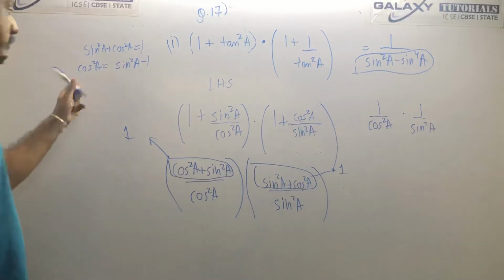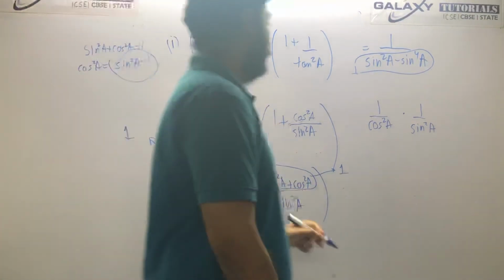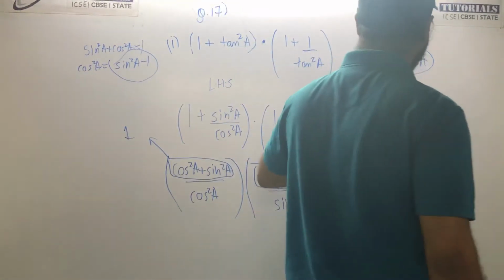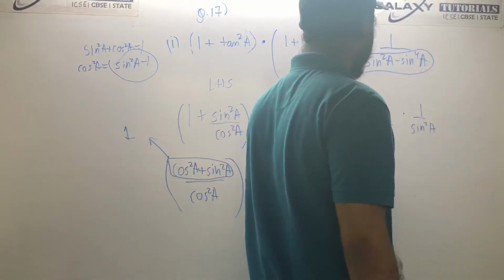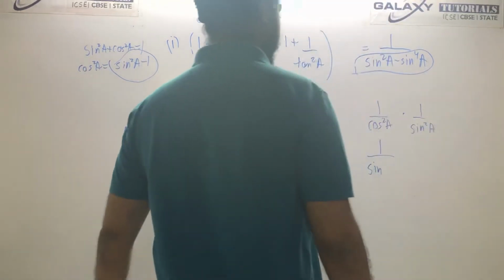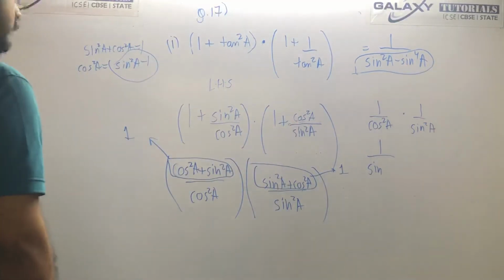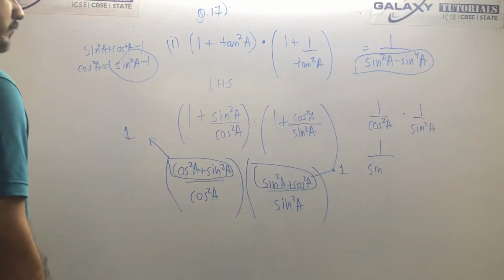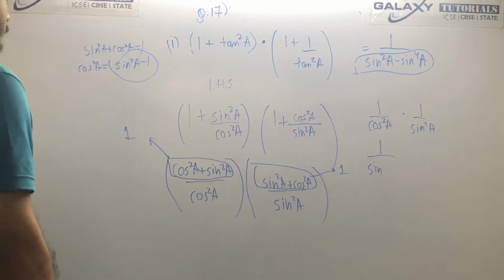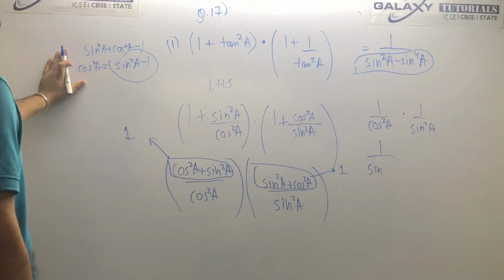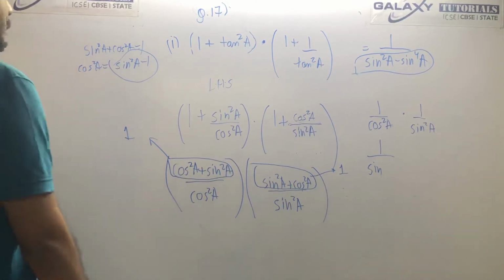Yes. So just substitute the value here. This one will be cos square a is equal to sine square a minus 1.